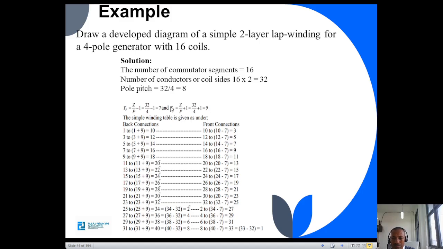Now we have to plug everything in. The number of conductors is 32, and the number of poles is 4, minus 1, it gives you 7 and 9. So in a simple lap winding, the winding is 2-layer and lap winding type.